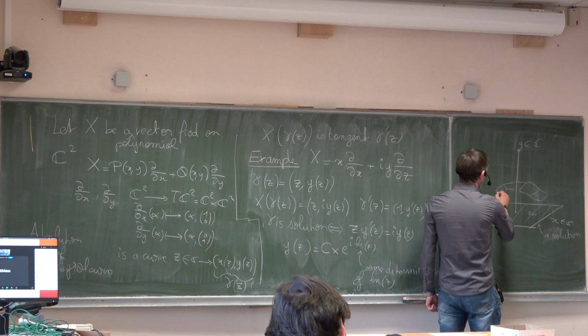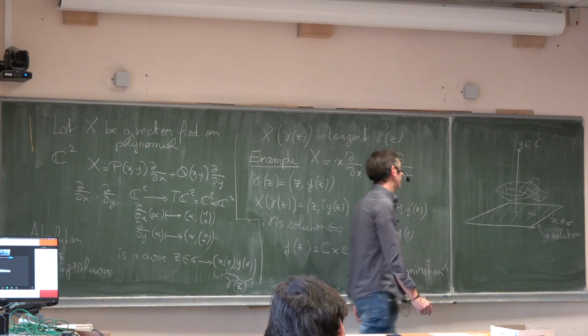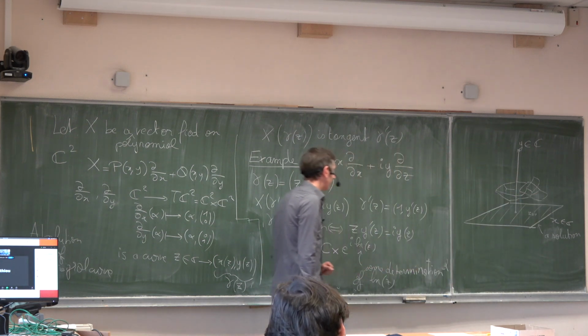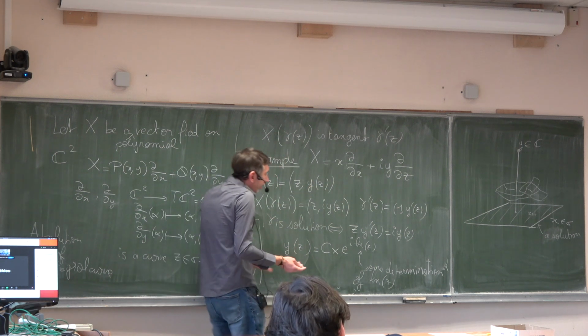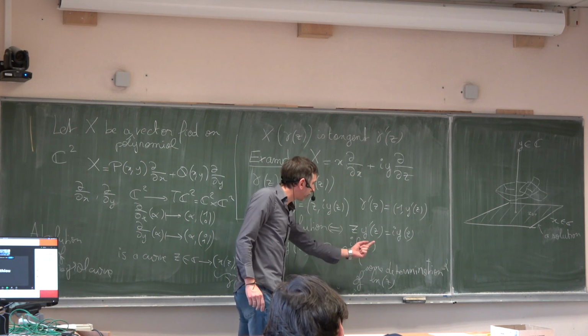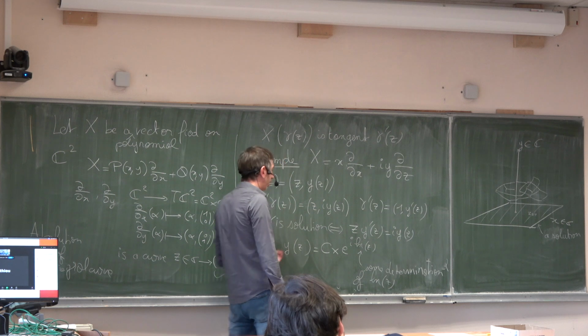Okay, you imagine like that, okay? And what is going to happen is that you are not going to go back exactly at the same level. I will try to draw something much better just after. But the explanation is that when you make one turn around z equal to 0, the determination of the logarithm is going to change by 2i pi.